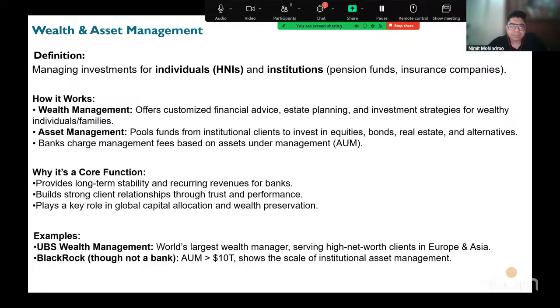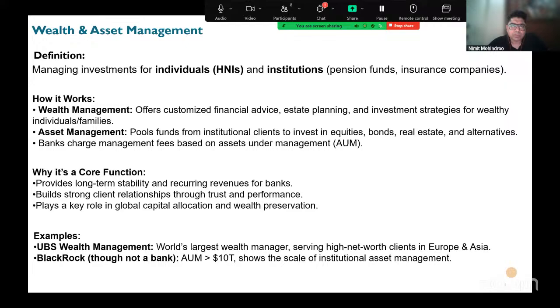Wealth and asset management, as the name suggests, banks help high net worth individuals, like we can talk about the Ambanis or maybe the royal families or organizations. It might be companies or high net worth individuals. Banks help them manage their investments.